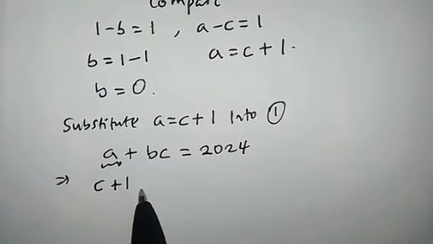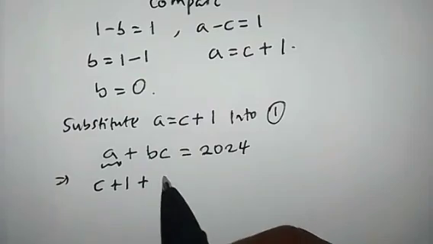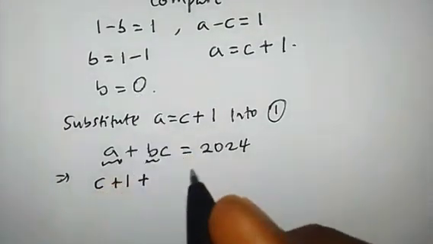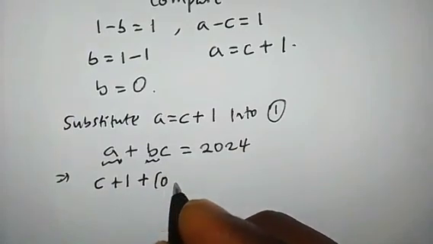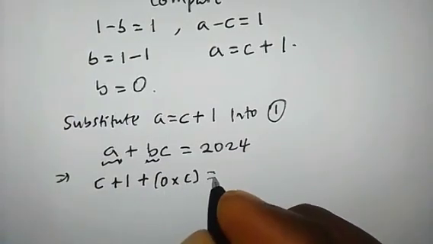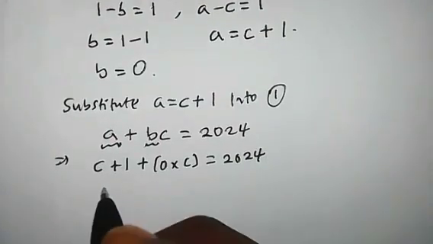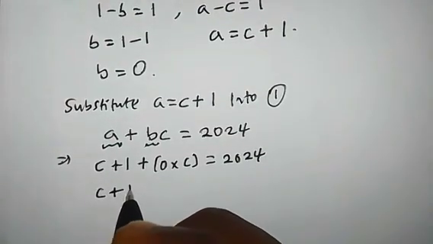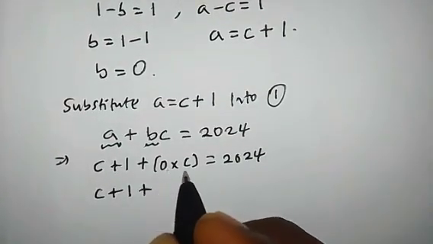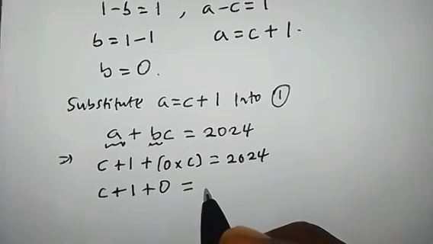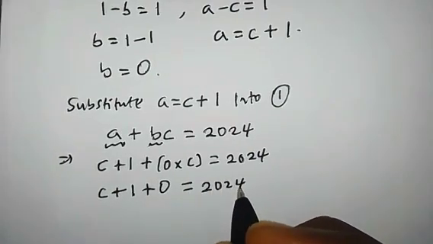C plus 1 plus, what is the value of B? B is 0. So that is 0 times C equal to 2024. We have C plus 1 plus 0 times C, that is 0, equal to 2024.